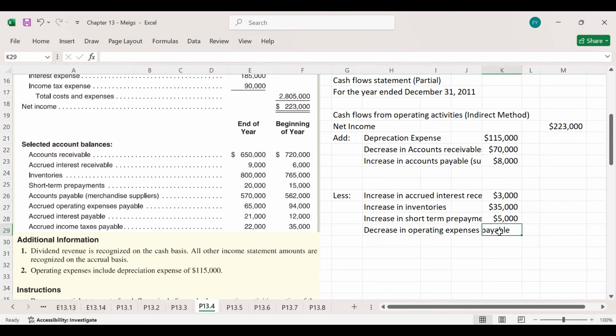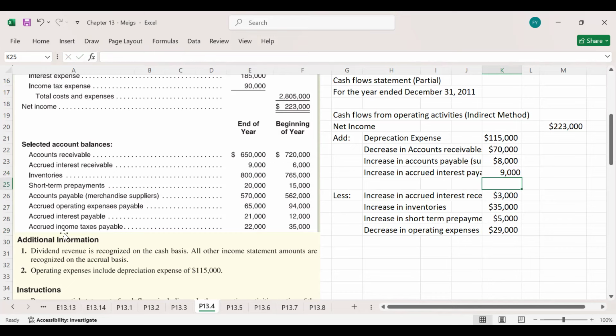So 29,000. The next one is accrued interest payable, from 12,000 to 21,000, meaning there's an increase in accrued interest payable. Increase in current liability means the cash will also be increased, by 9,000, the difference from 12,000 to 21,000.